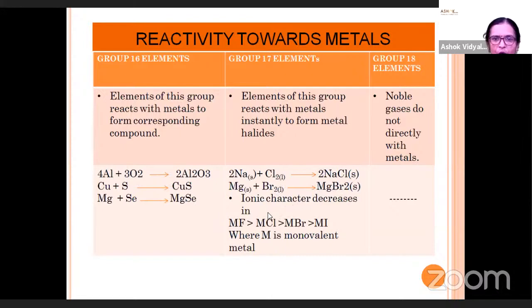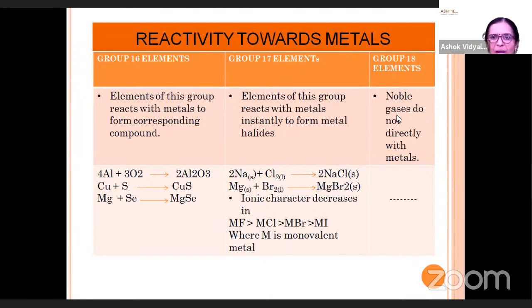Ionic character of these compounds decreases from fluorine to iodine in this order, means the metal fluoride of this group 17 element is more ionic in character as compared to MCl, and MCl, metal chloride, is more ionic as compared to metal bromide, and metal bromide is more ionic as compared to metal iodide, means ionic character decreases from fluorine to iodine when it combines with the monovalent metal.